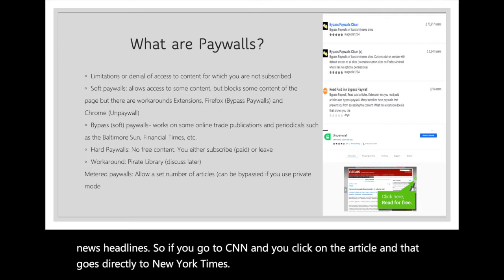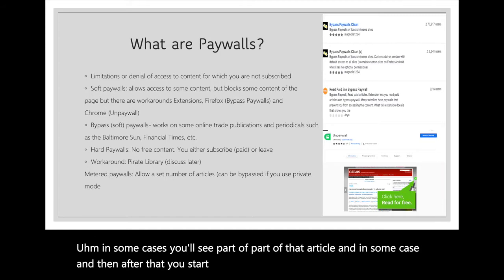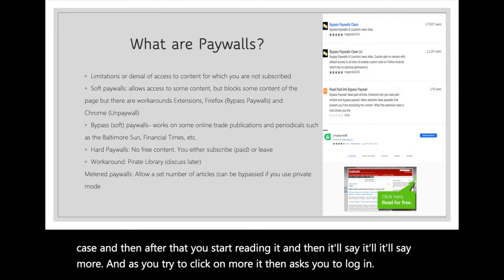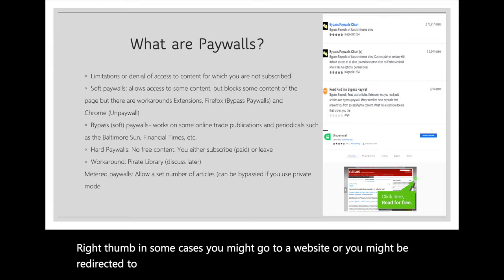In some cases, you'll see part of that article, and then you start reading it, and it'll say more. And as you try to click on more, it then asks you to log in, right? In some cases, you might be redirected to a website where the access is completely blocked. So here are 3 types of paywalls.